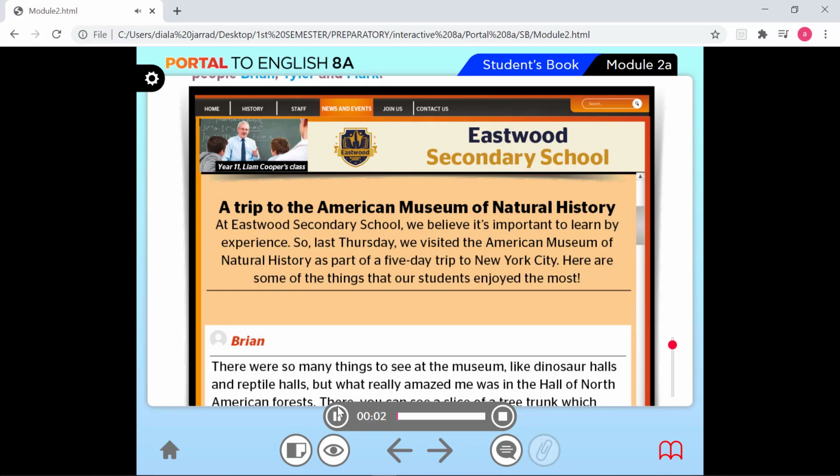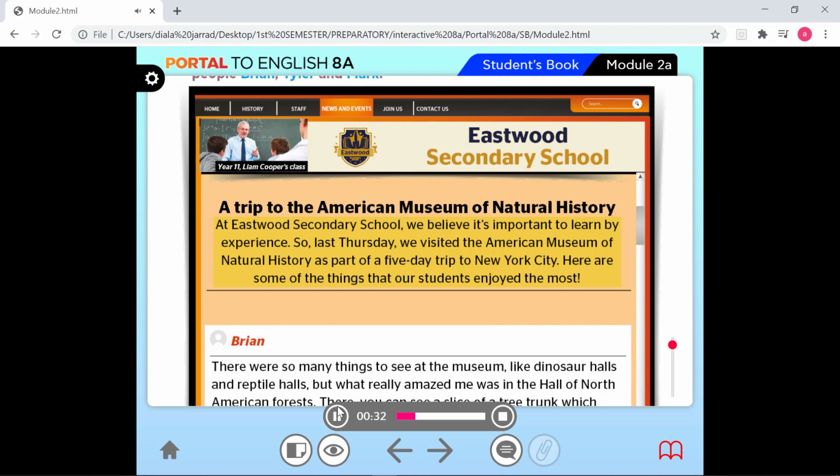Module 2, World Famous. 2A. 1. Read. Eastwood Secondary School. A trip to the American Museum of Natural History. At Eastwood Secondary School, we believe it's important to learn by experience. So last Thursday, we visited the American Museum of Natural History as part of a 5-day trip to New York City.